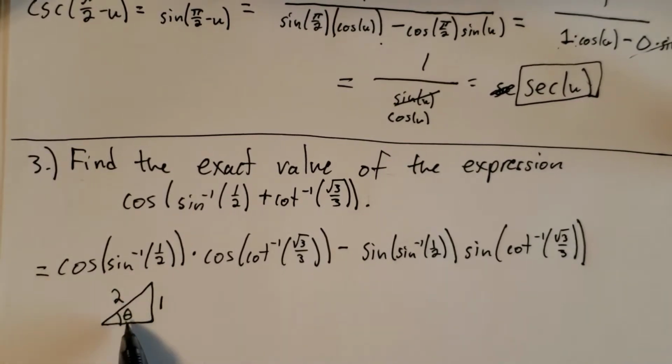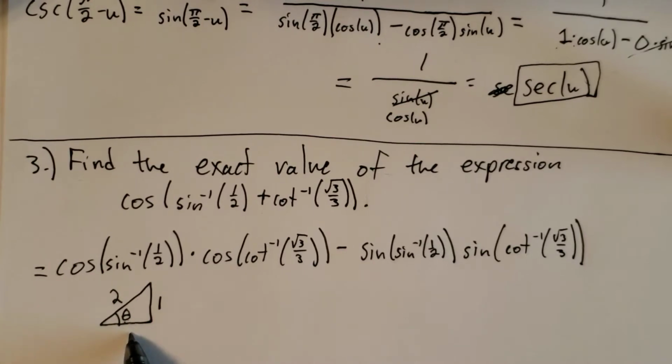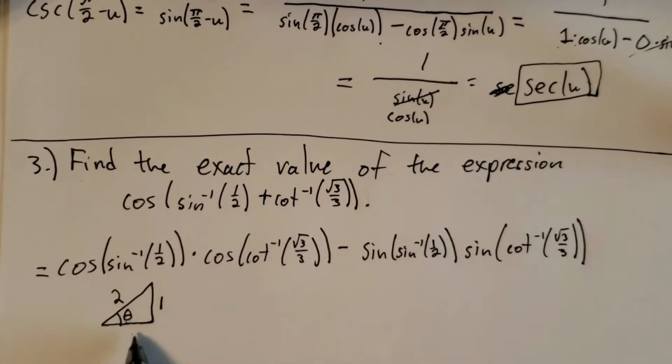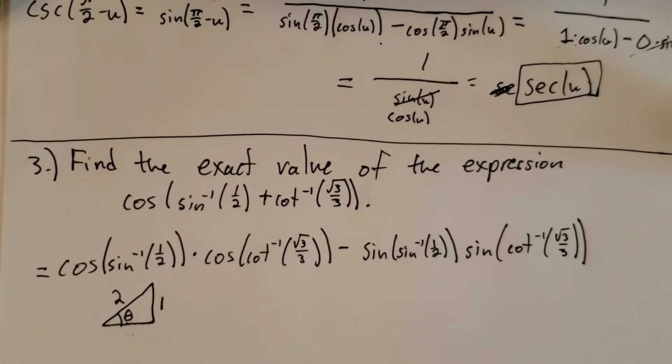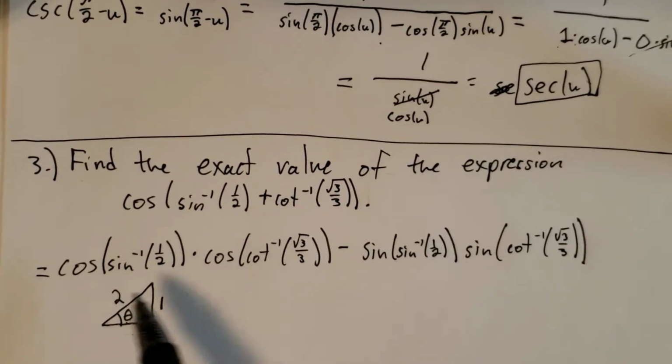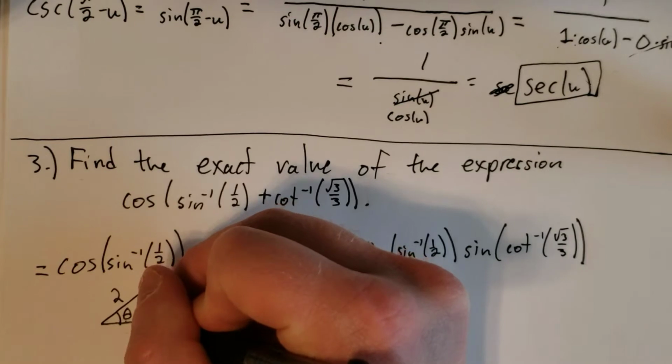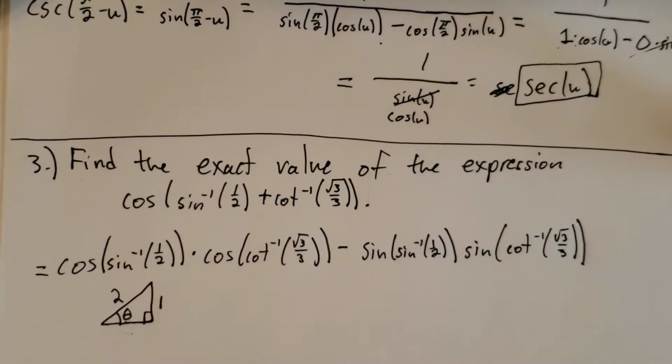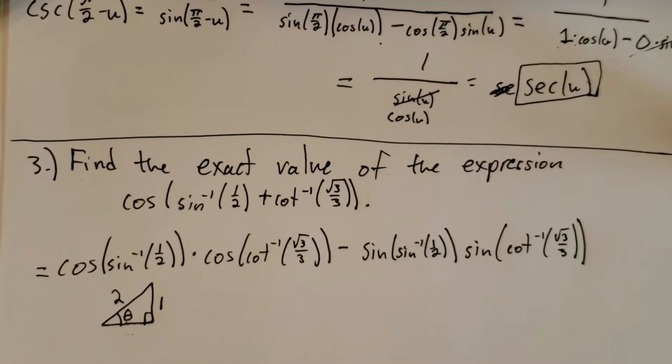So what is cosine of that angle theta? Well, cosine is adjacent over hypotenuse. So if we knew this long side here, we would know how to write cosine of theta. And this is a right triangle, so we can use the Pythagorean Theorem to figure out this other side length. That'll be the hypotenuse squared, which is 4, minus the short side squared, which is 1.